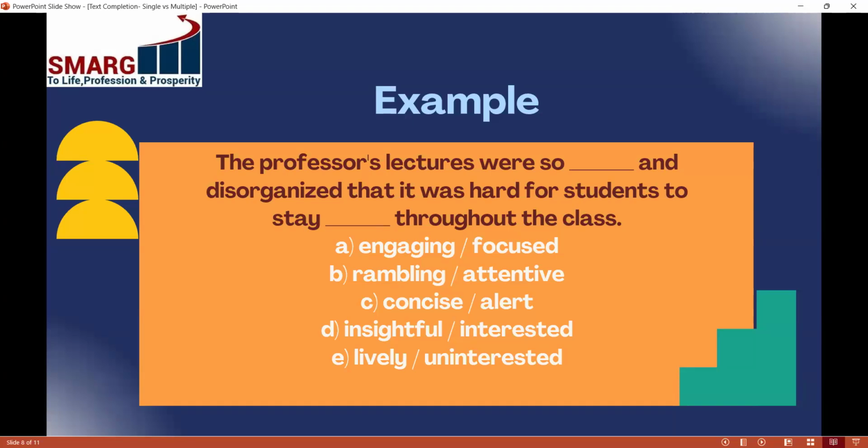Usually in your exam, after "so" that will be blank A, after "stay" that will be blank B, and you'll be given 5 options for each blank. For now, because we are warming up and starting off, I have already made certain combinations for you. I already have the answers here.